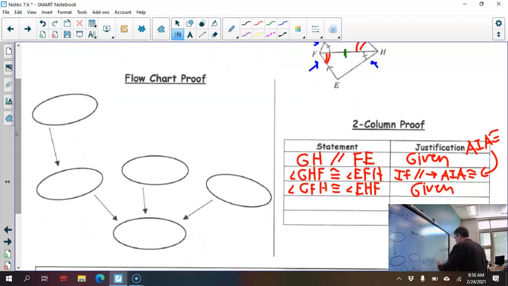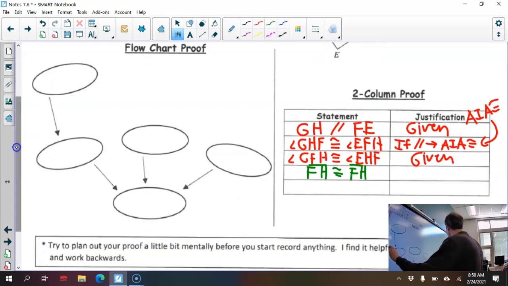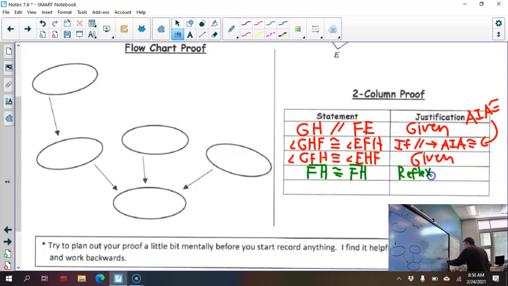So segment FH must be congruent to segment FH. And I know that because of the reflexive property. We use this property all the time, even though it's obvious. Something is equal to itself. That is the reflexive property.